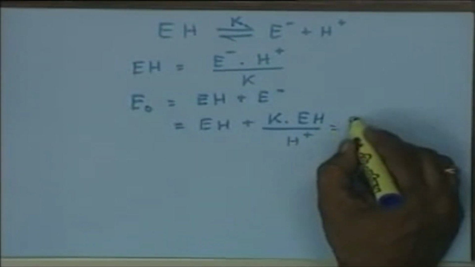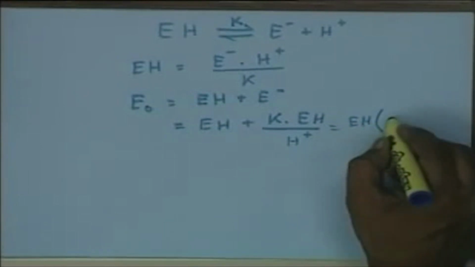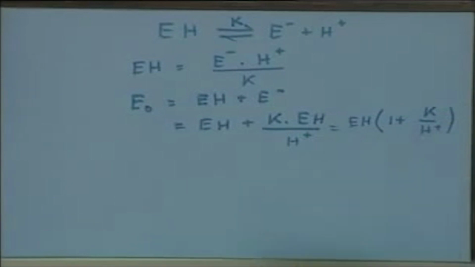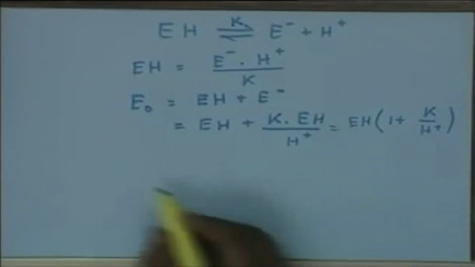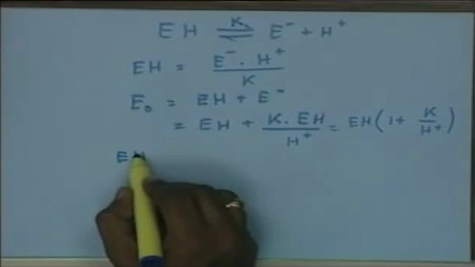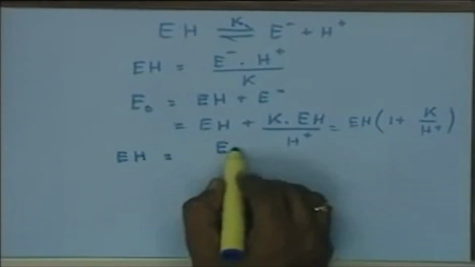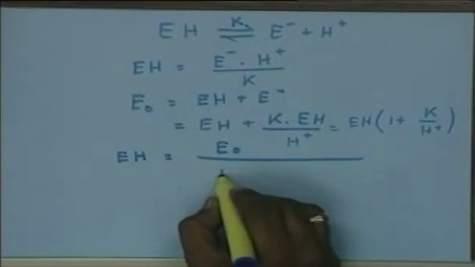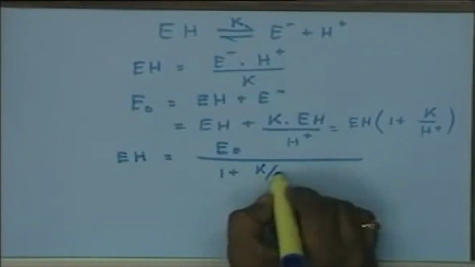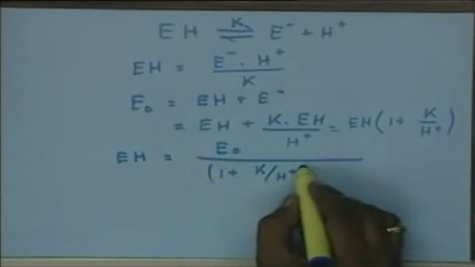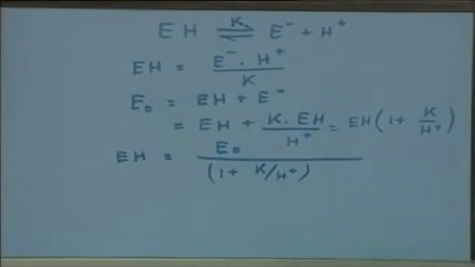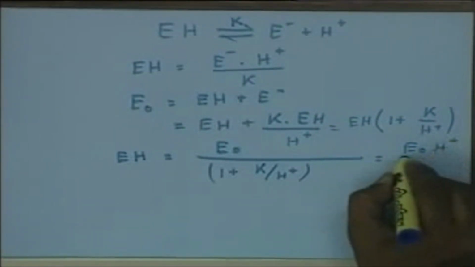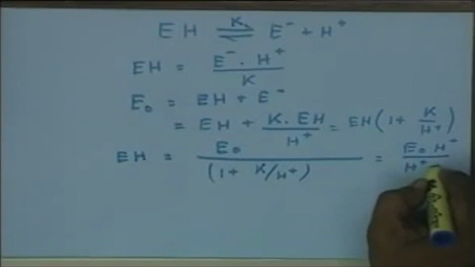Again, you can take EH as a common factor, giving EH times 1 plus K upon H plus. Therefore the EH concentration will be E naught upon 1 plus K upon H plus, or in other words, E naught into H plus upon H plus plus K.